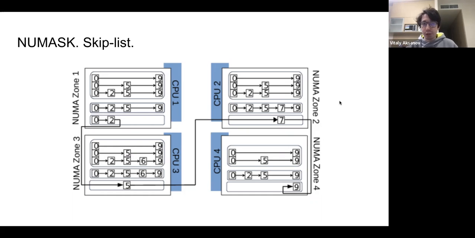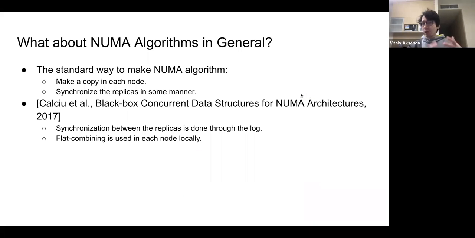So we start with the NUMA skip list. It works well. The question is: how to make NUMA algorithms in general? We are given an arbitrary data structure, and we want it to work well on NUMA. The standard way to do that is to make a copy at each socket. We have a copy of the data structure at each socket, and we synchronize them using a log.